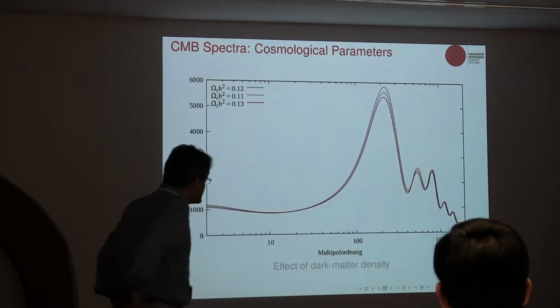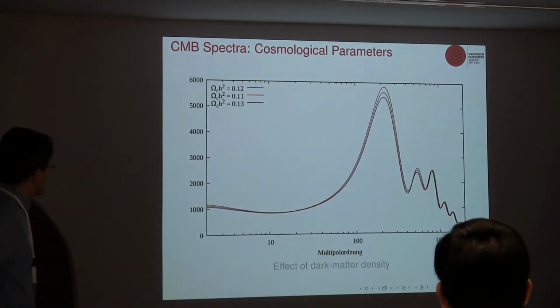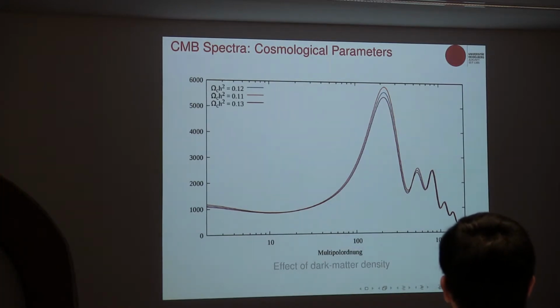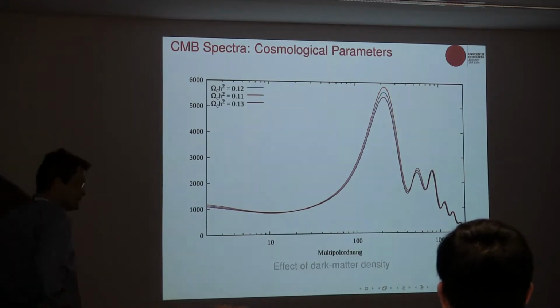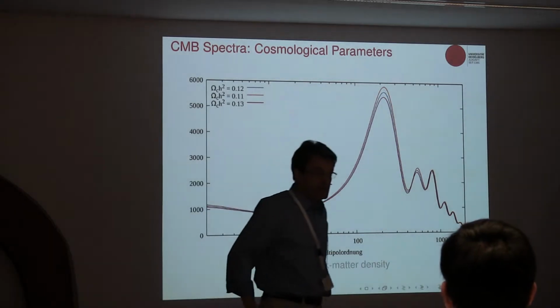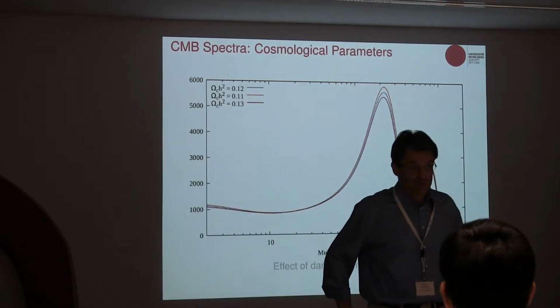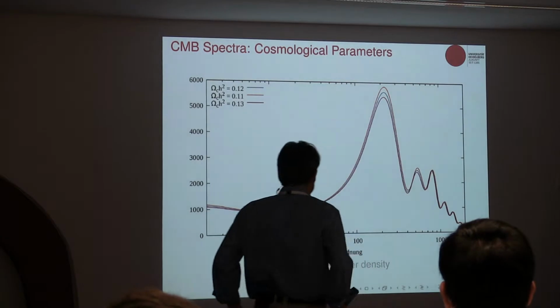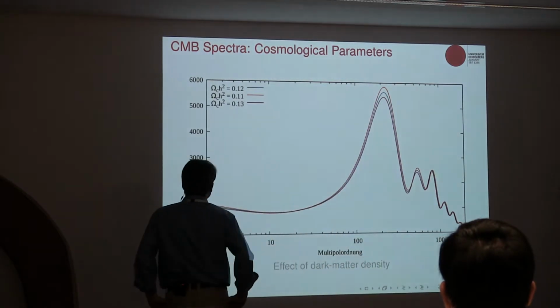All right, now why is this power spectrum so interesting? I plot here 3 power spectra with 1 parameter changed, so that you can see what effect this would have on the cosmic microwave background power spectrum.